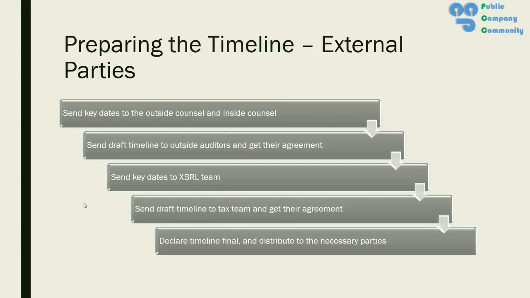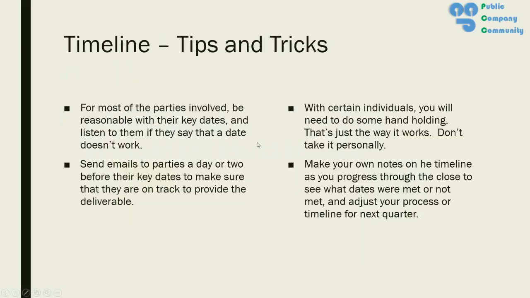After you've got everyone in agreement, both internal and external, now it's time to call it final, finalize the timeline, send a copy of it out to everyone saying, here's the final timeline, and then you start just working towards it. So just to recap some tips and tricks, for most parties involved, be reasonable with the dates, don't be over aggressive.